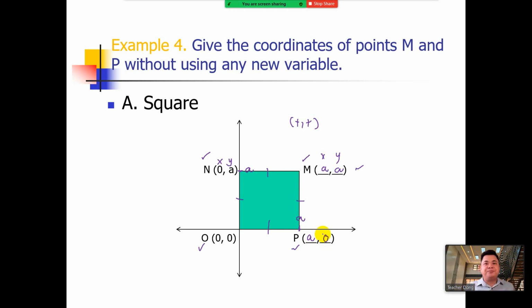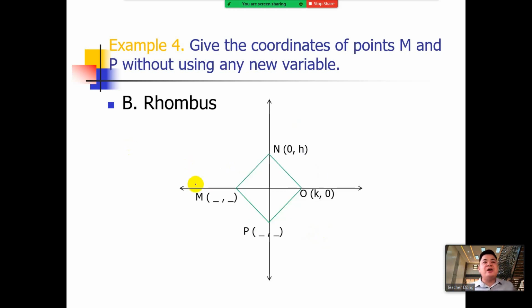Now, let's proceed. Rhombus. When we say rhombus, all the sides are also equal. The initial step is to identify the units, using the given values, so that we can identify points M and P. So, identify the units here, here, here, and here. Here, 0 is x, and then your y is h.